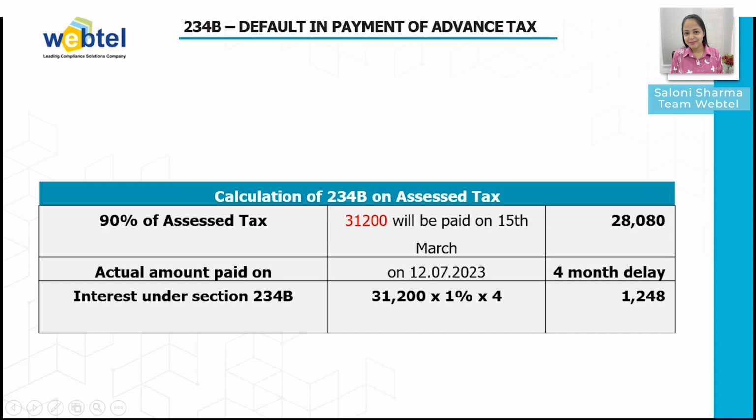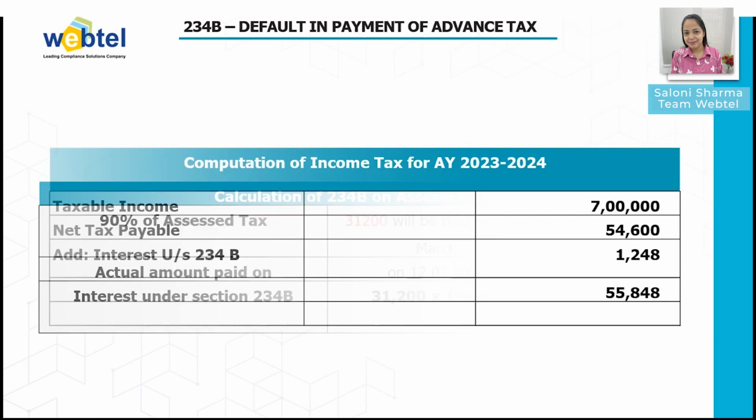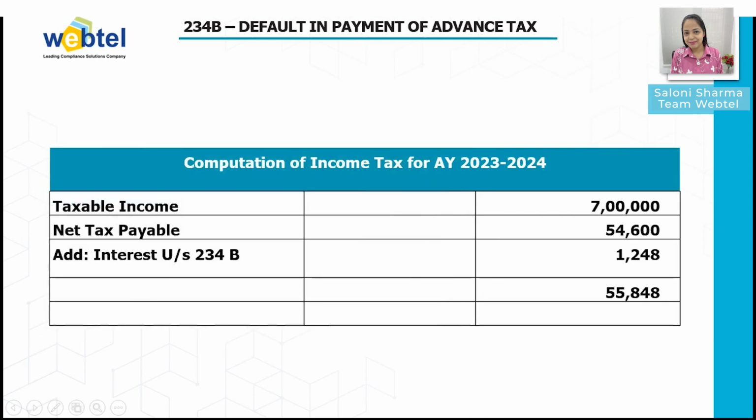So this would be the calculation under section 234B in case of delay of the 90% of the advance taxes. So as per the computation of the income tax, Mr. Aryan needs to pay a total amount of tax of rupees 55,848, including the interest under section 234B.